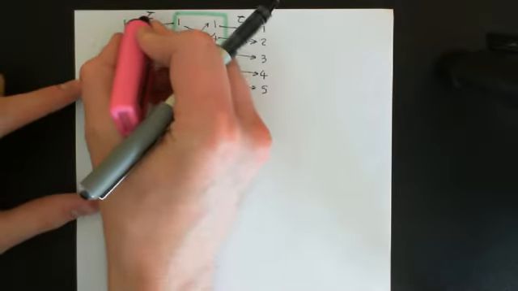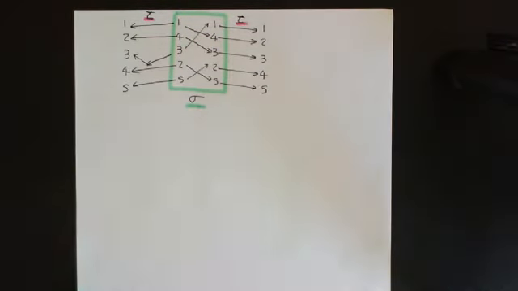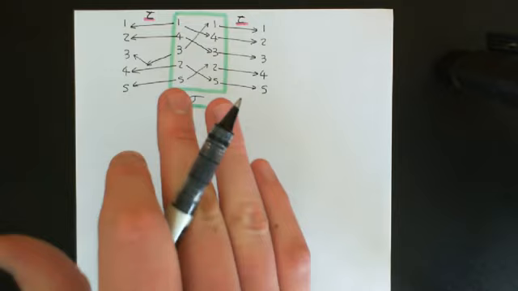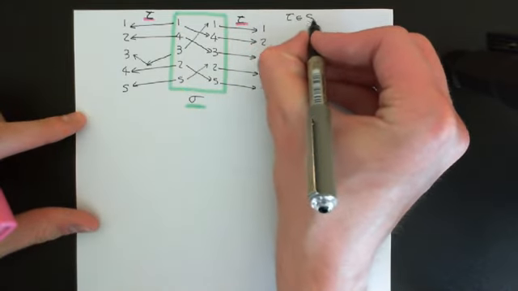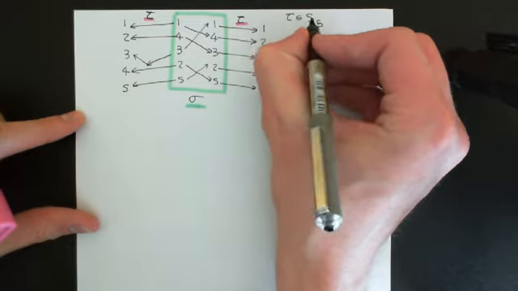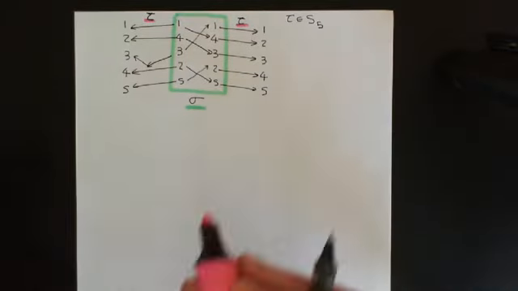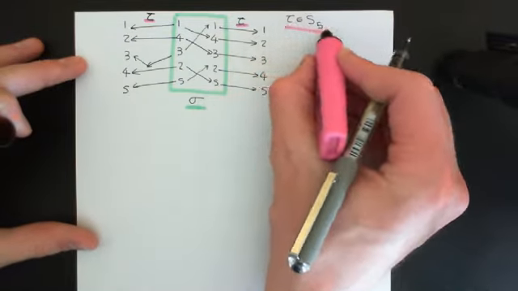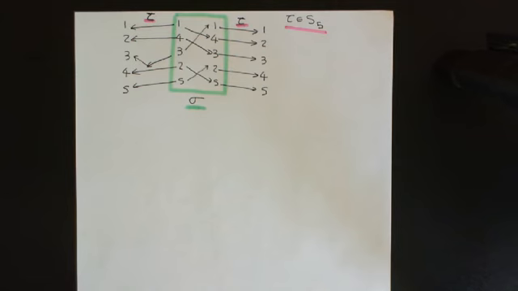So tau is actually going to be an element of the symmetric group of 5 elements, because remember this contains all set permutations, and any relabeling map is going to be a set permutation. More generally tau will be in the symmetric group on the set of n elements.